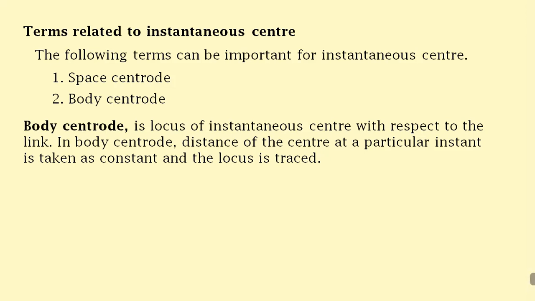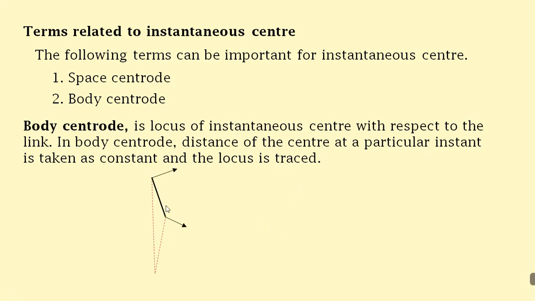So by considering the constant distance to the endpoints of the link, we trace the instantaneous center point location, and then we get another curve, which is called the body centroid. In the body centroid, the distance of the center at a particular instant is taken as a constant and the locus is traced. Okay, that is the condition here.